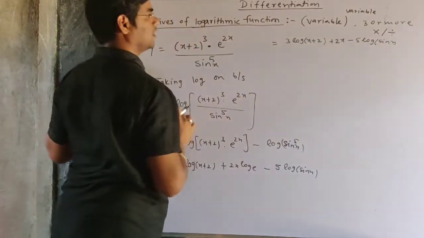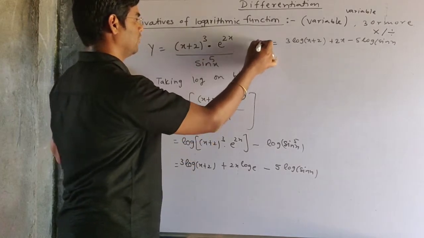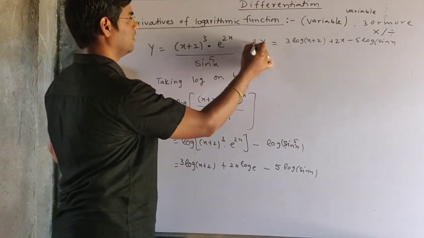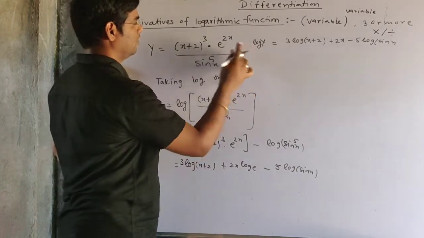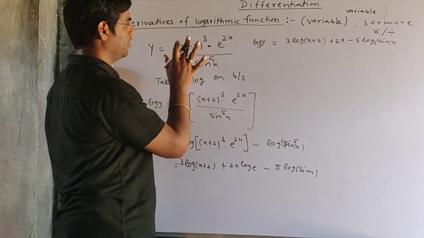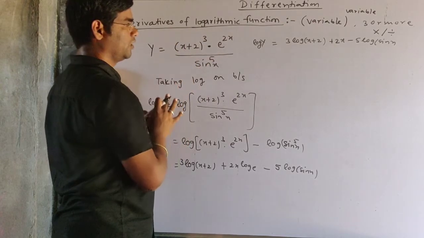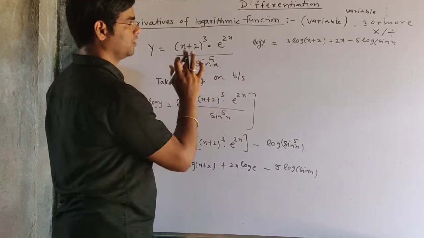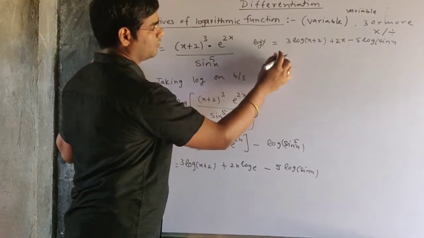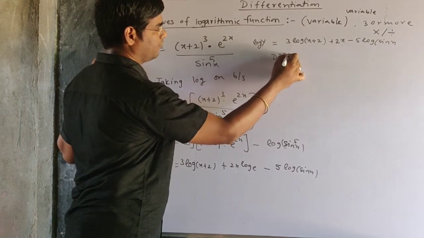Now these are terms with plus or minus sign, so whenever we have plus minus signs, directly you can apply dy by dx to all the terms. So why have we taken log here? Because we don't have any rule for multiplication or division in which there are more than 3 terms. So now differentiating both the sides.